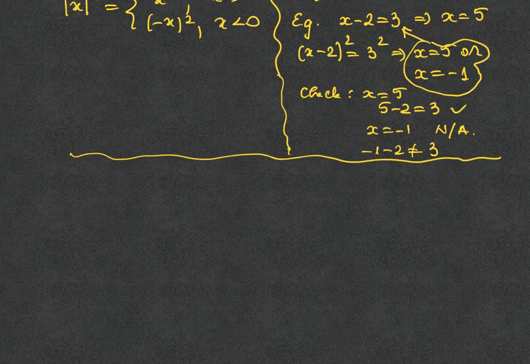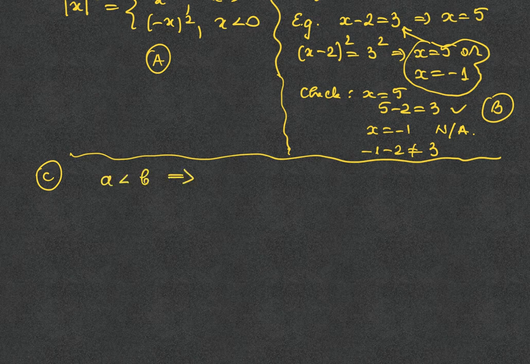The last thing we need to acknowledge, because that's where misconceptions come from as well. So we have A, B, and C. The last thing we need to acknowledge is that if A is smaller than B, it doesn't mean that A squared is smaller than B squared.